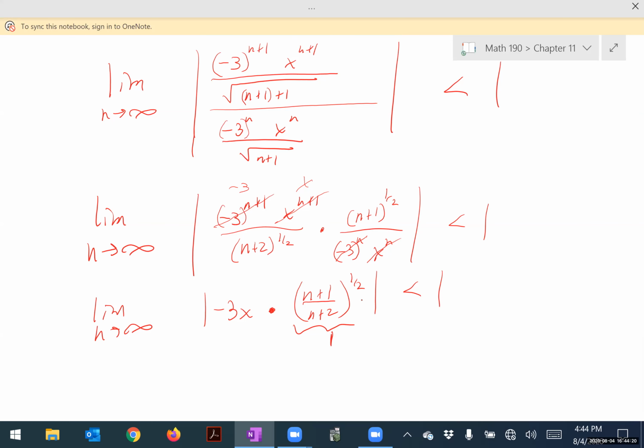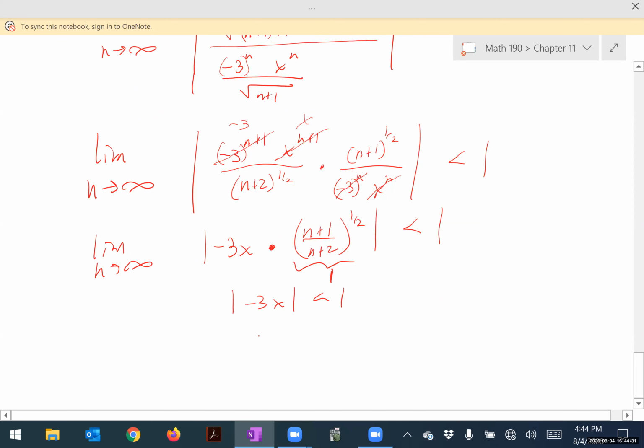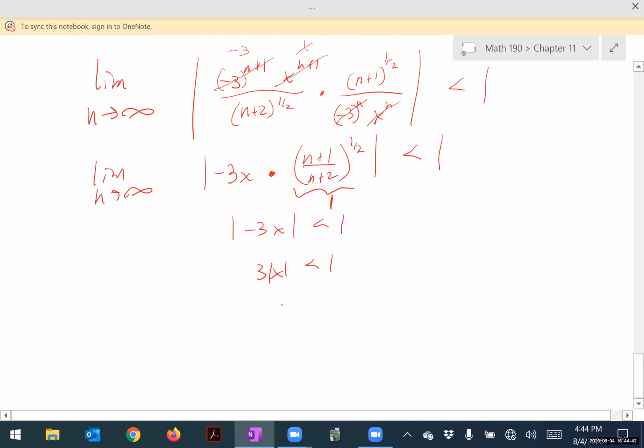So this is really just the absolute value of negative 3x is less than 1. What's the absolute value of negative 3x? Well, that's 3 times the absolute value of x is less than 1. Divide by 3, and we get the absolute value of x minus 0 is less than 1/3.